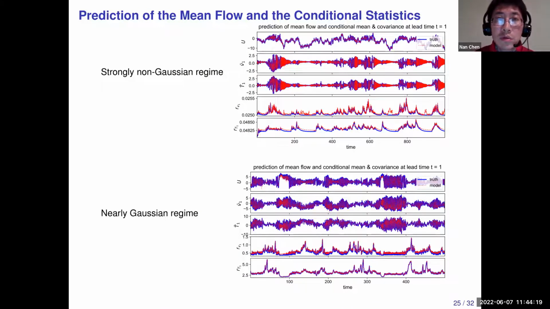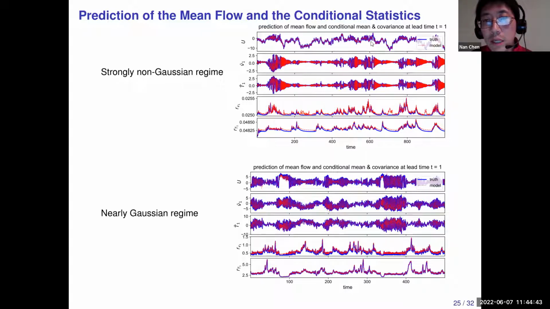So first we want to look at how good we can do for predicting the large scale mean flow from the closure model and the conditional statistics using the closed formula plus neural network. And I show the results of both regimes. So for the strongly non-Gaussian regime, the large scale U can be predicted quite well up to the decorrelation time.